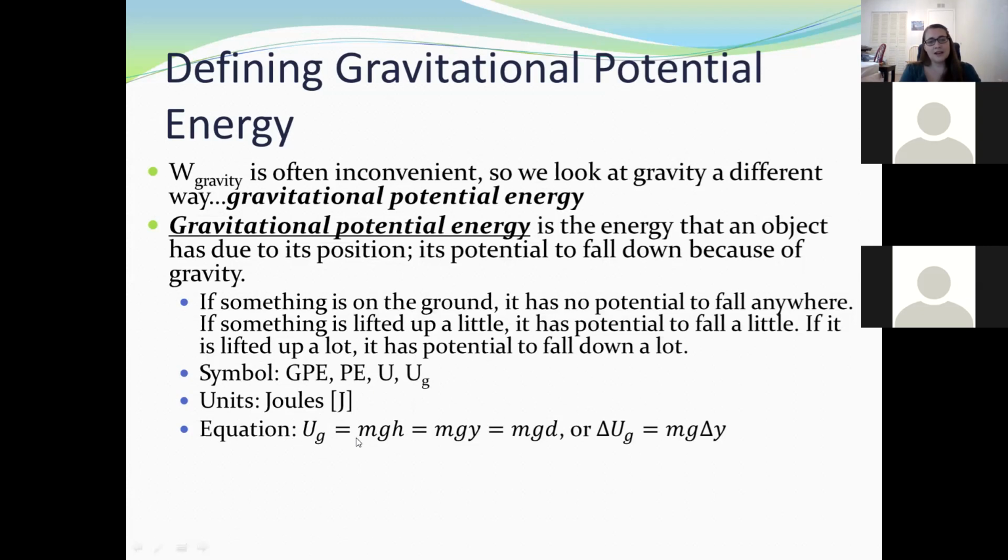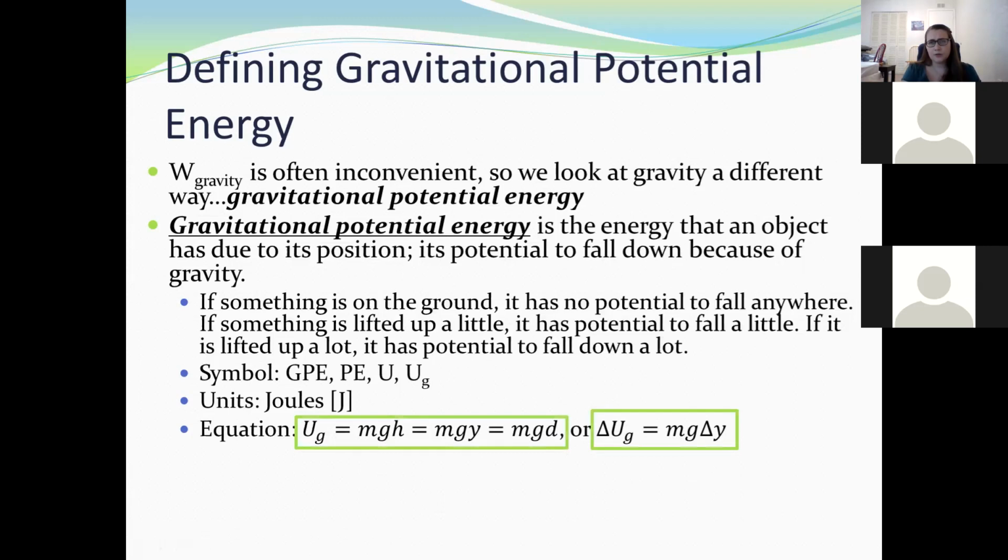You might see it written as mgh, h meaning height, mgy, y meaning vertical position, mgd, d meaning distance from your zero point, or you might just see delta U G, so the change in our gravitational potential energy equals mass times g times the change in our y position.